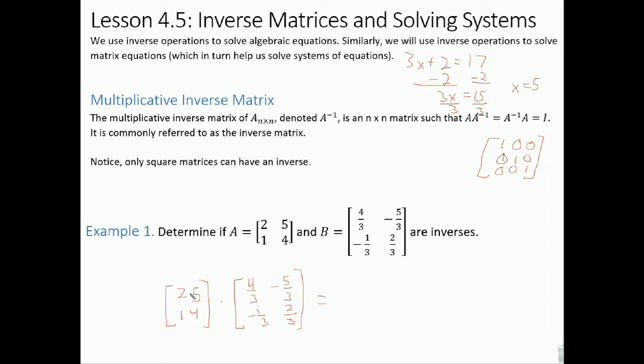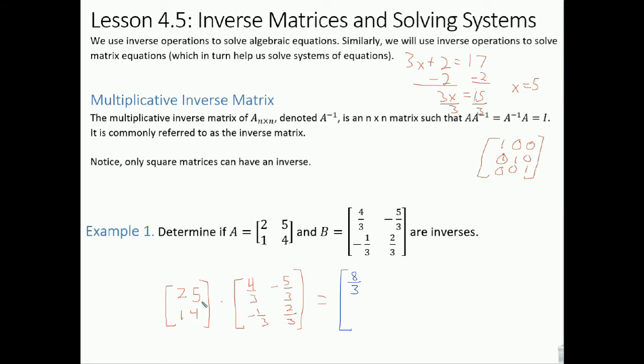In order to multiply matrices, remember we use the first row with the first column. So we do 2 times 4/3, which is 8/3. And then 5 times -1/3.